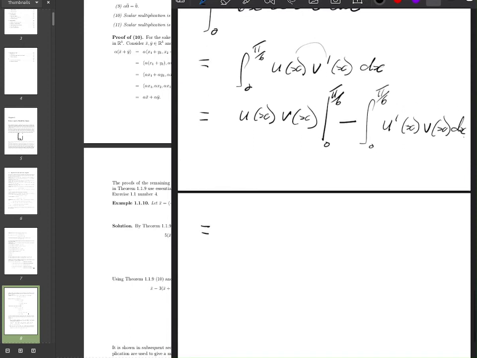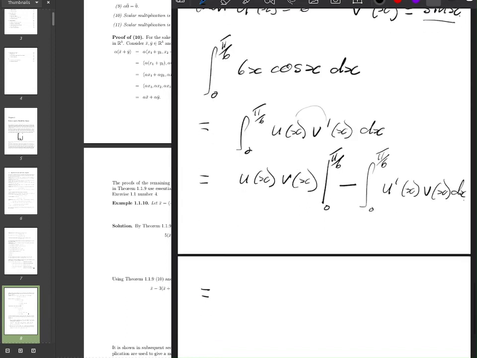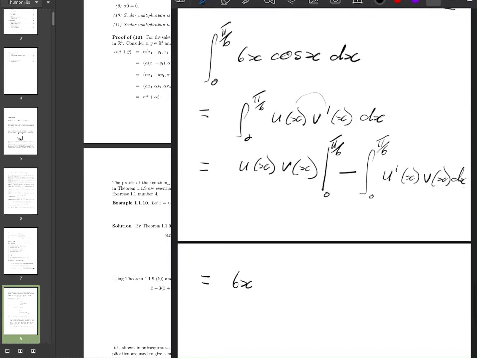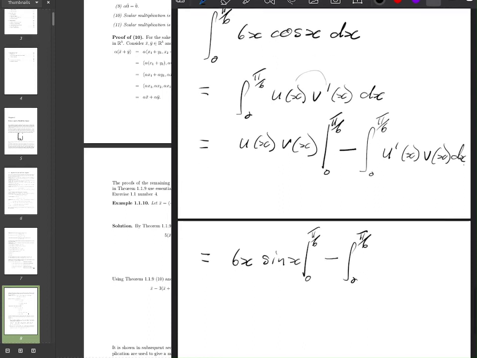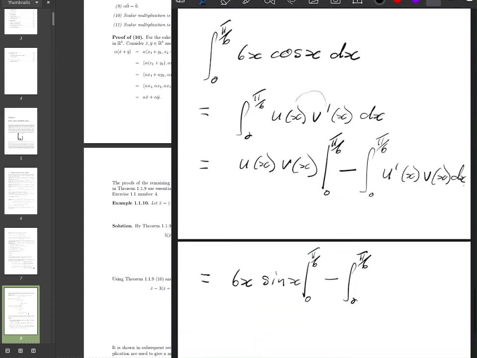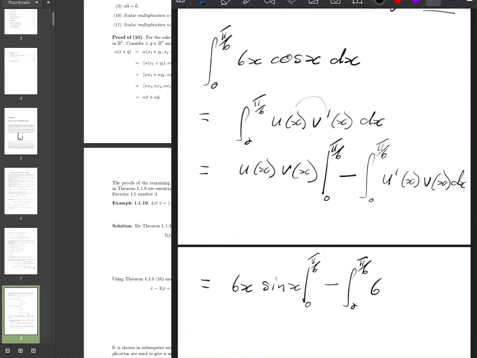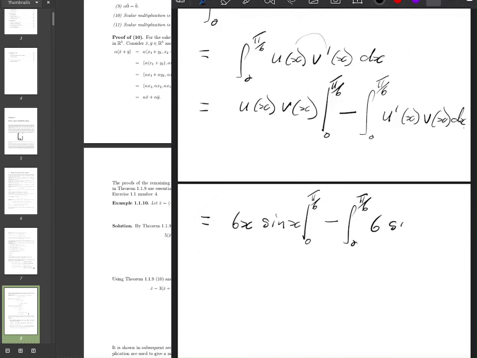This then becomes 6x, and v is sine x, evaluated between 0 and pi over 6, minus the integral from 0 to pi over 6. That becomes u prime is 6, and v of x is sine x dx.